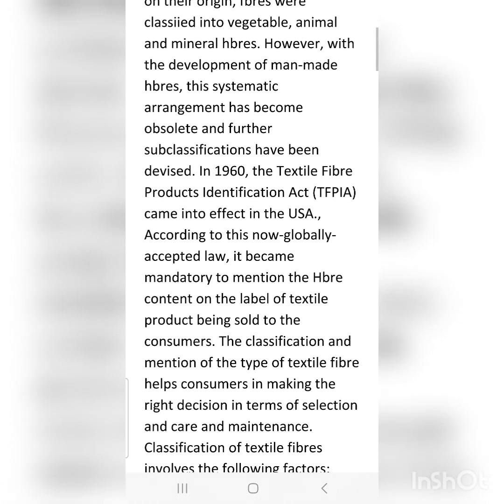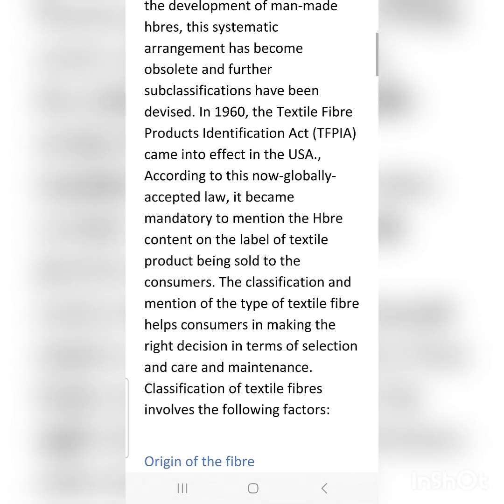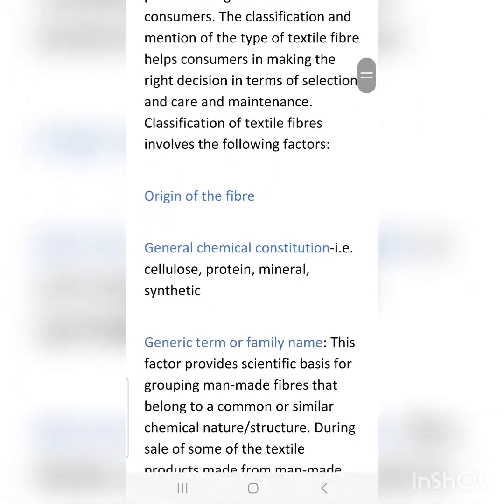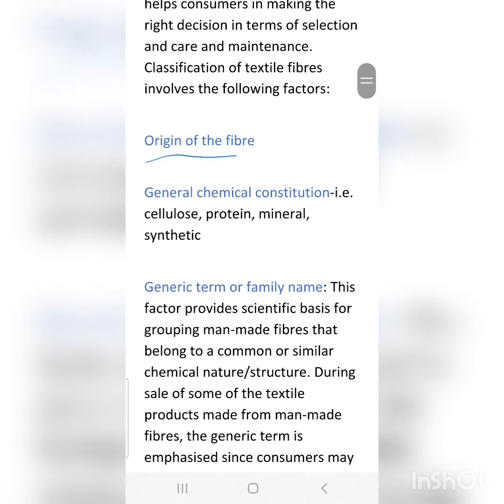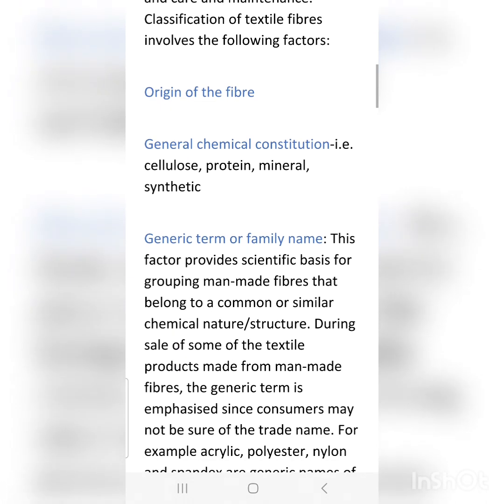In 1960, the TFPIA Act, Textile Fiber Products Identification Act, came into effect in the USA, which gave the classification of textile fibers. On the basis of origin, there are man-made and natural fibers. Then we have general chemical composition, in which we have cellulosic fiber, protein fiber, mineral fiber, and synthetic fibers, where we use different chemicals. Sometimes we mix natural and man-made fibers.